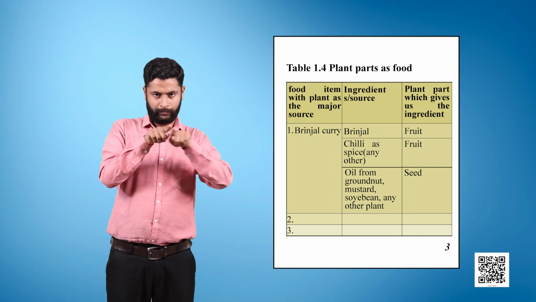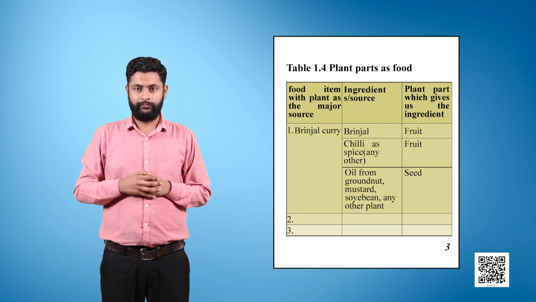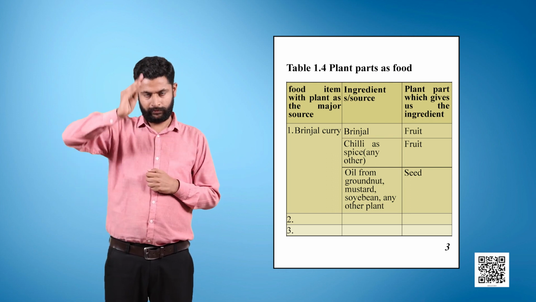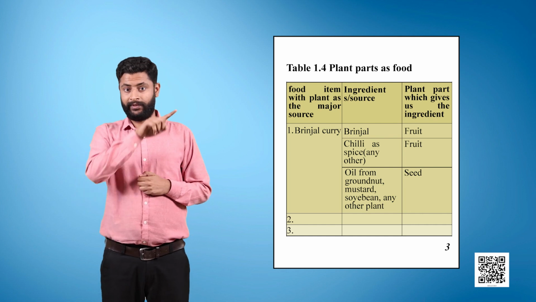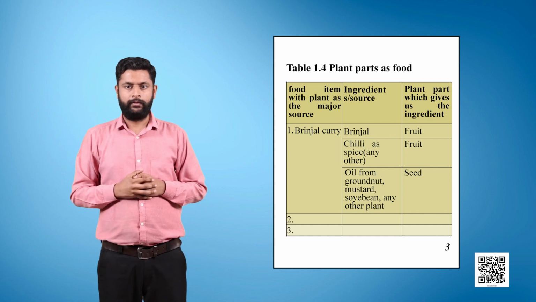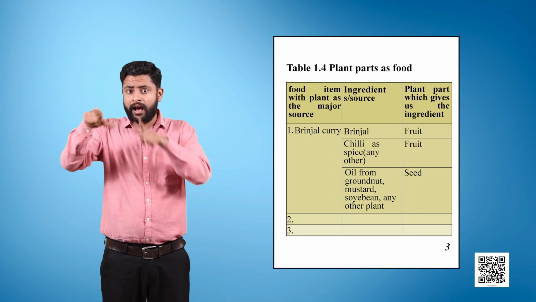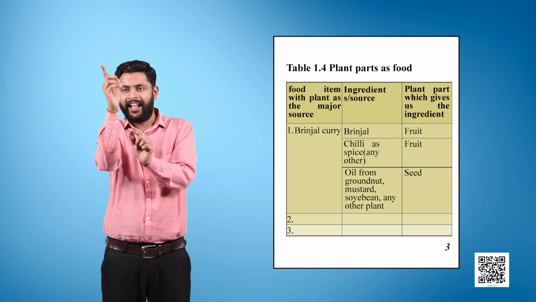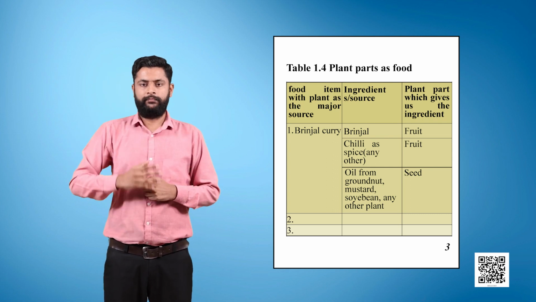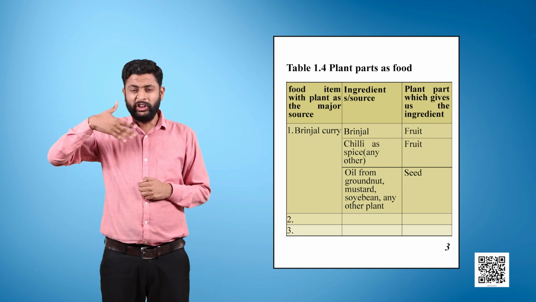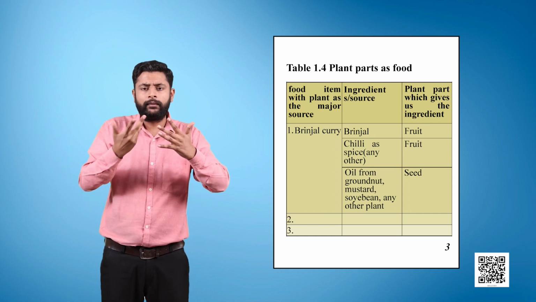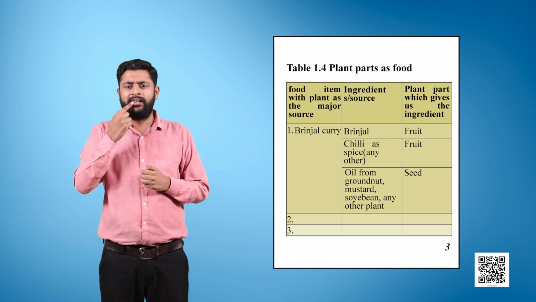1. Brinjal curry. Ingredients or source: brinjal. Plant part which gives us the ingredient: fruit. Ingredient: chili as spice or any other.